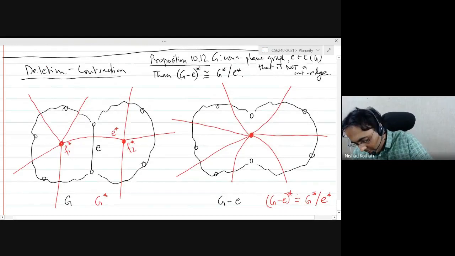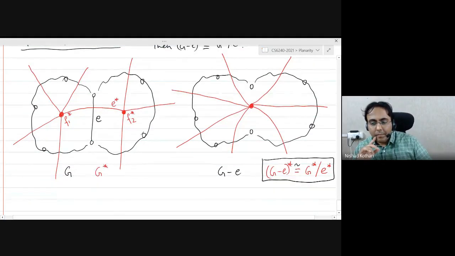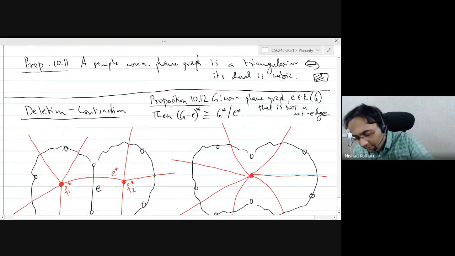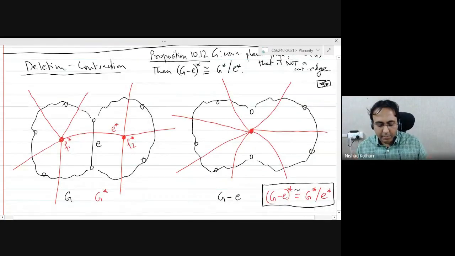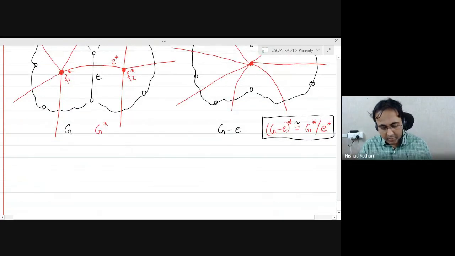I wrote an equal sign; I should probably be more rigorous and put isomorphic. As I said, the proof is there in the text, and it's essentially taking the proof that we saw in these figures and turning it into a rigorous formal argument. It's not too difficult.